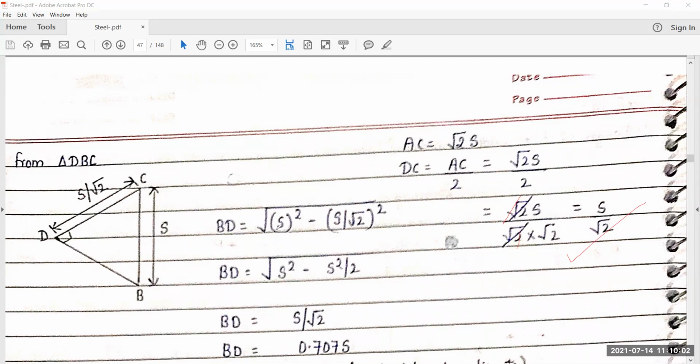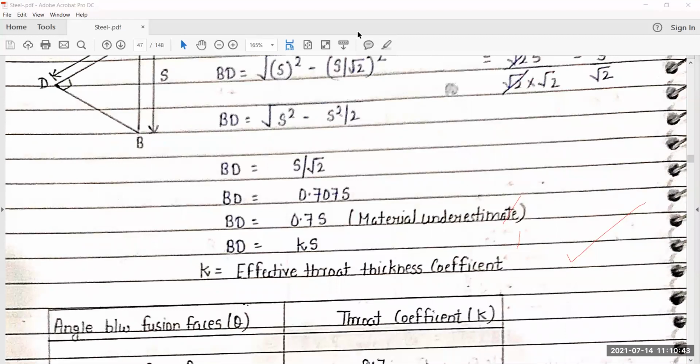Suppose from DBC, BD square equals S square minus AC square upon 4. BD square is S square upon 2, so BD equals S upon root 2, BD equals 0.707 S.